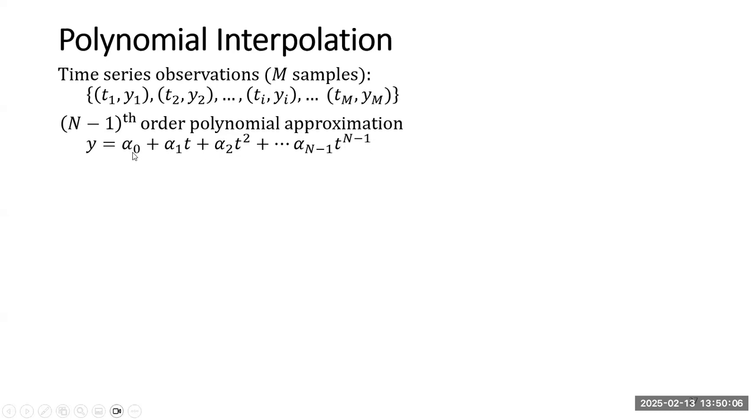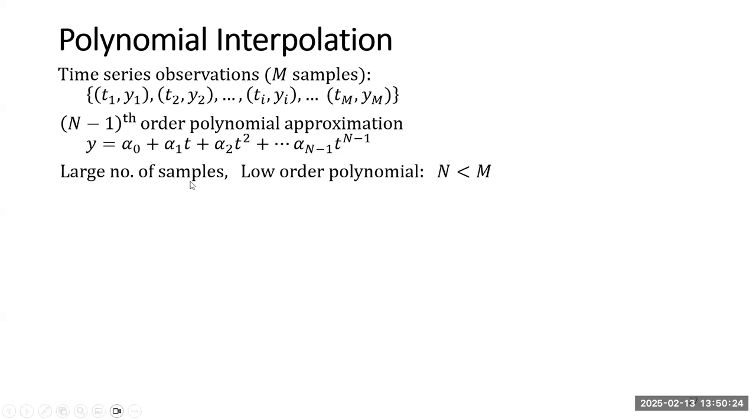So we have an n minus 1th order polynomial. And how many alphas do we have? Alpha naught to alpha n minus 1, so n number of unknowns.